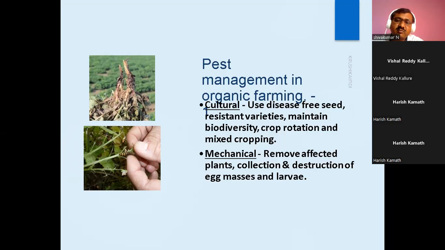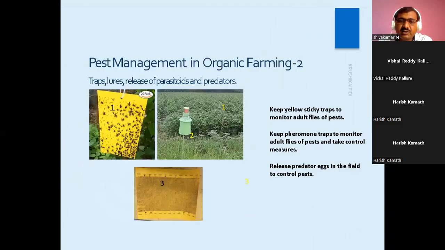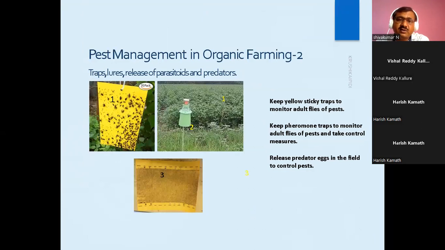You can prepare some herbal extracts, something like that. And then if we cannot control, then there are some other measures. At the end, if you are sure you cannot control and it is going to damage a lot, then you have to use some quick control measures. These are some common practices.